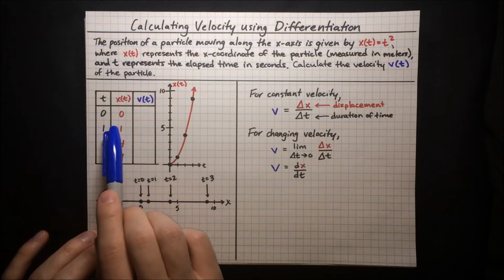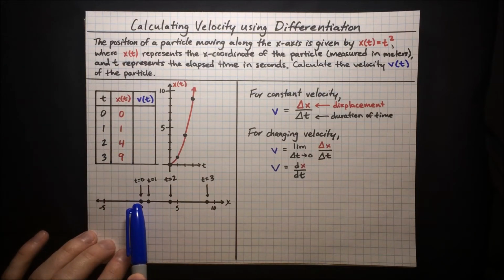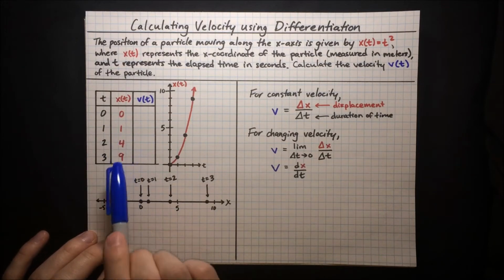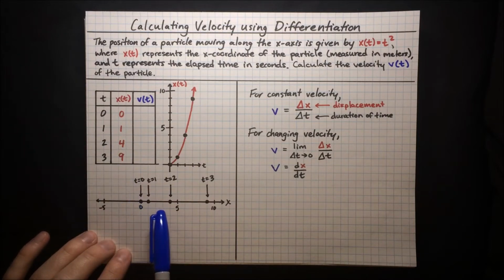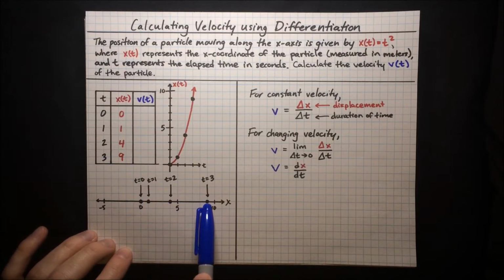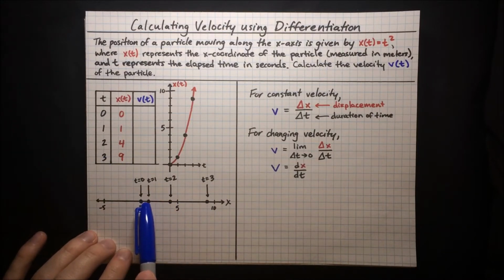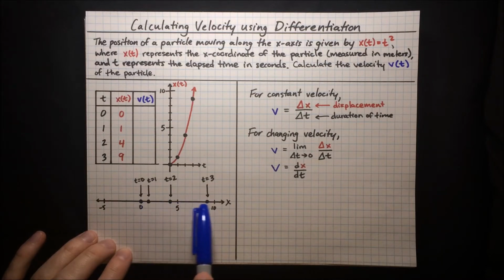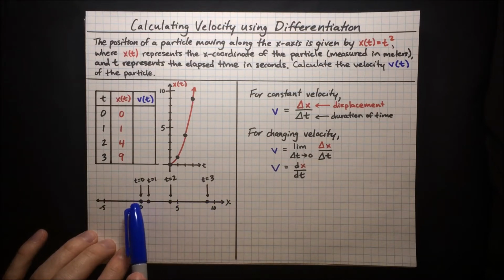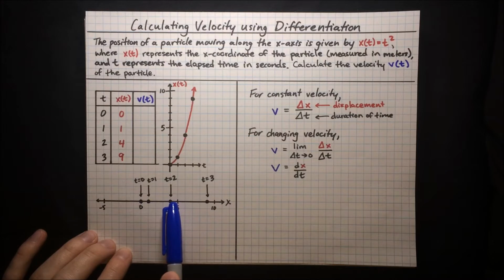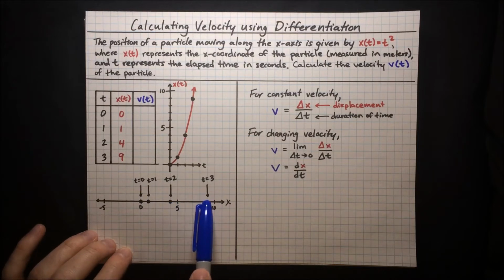And then at t equals 1, the particle has moved to the x-coordinate of 1. Then at t equals 2, the particle has moved to the x-coordinate of 4. And then at t equals 3, the particle has moved to the x-coordinate of 9. So the particle is moving to the right towards the positive side of the x-axis, and it's moving further and further each second of travel.